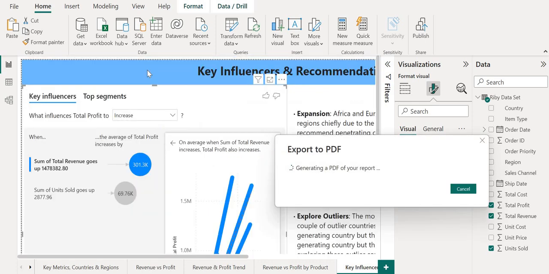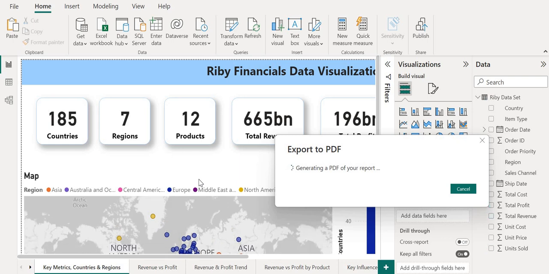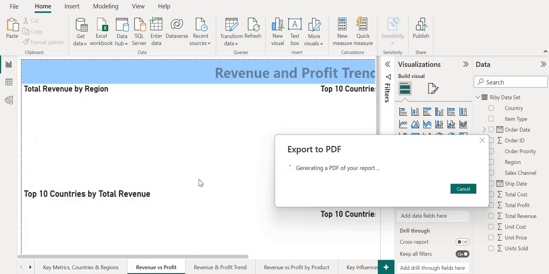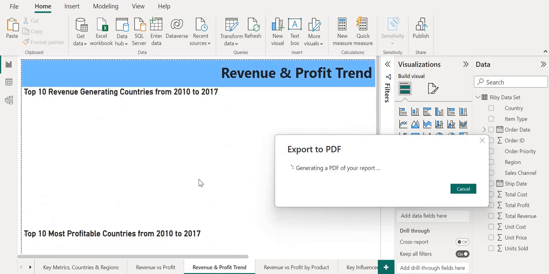Yes, it takes a bit of time. I think under a minute, or a few seconds. Yes, just give it some time, it's going through each page and generating reports.